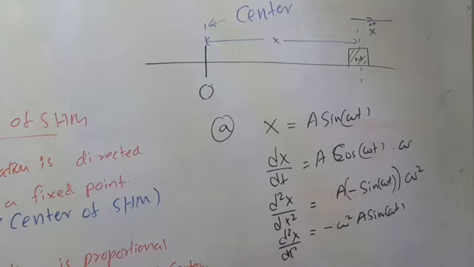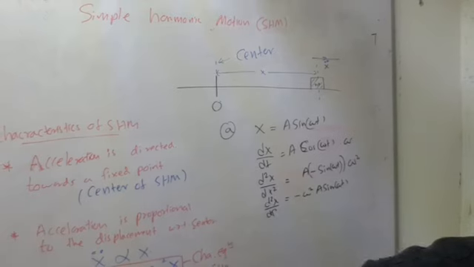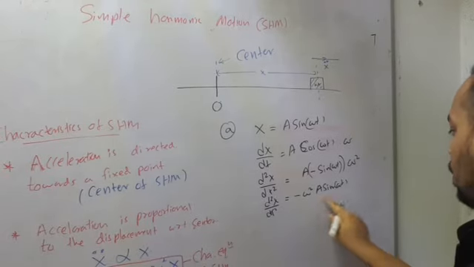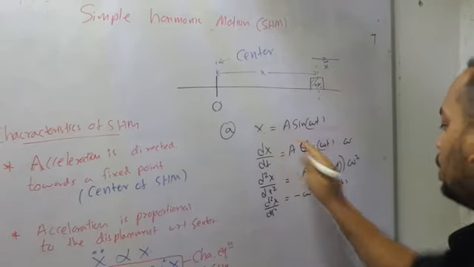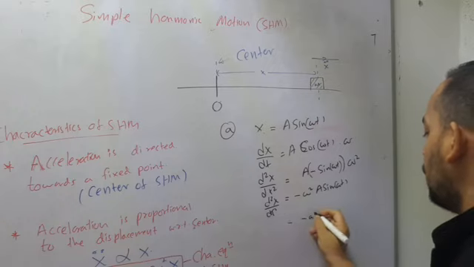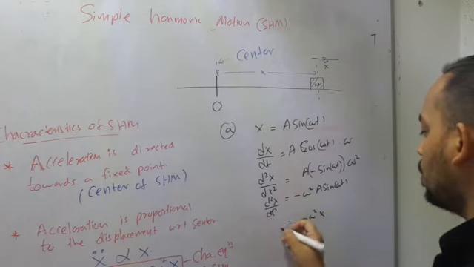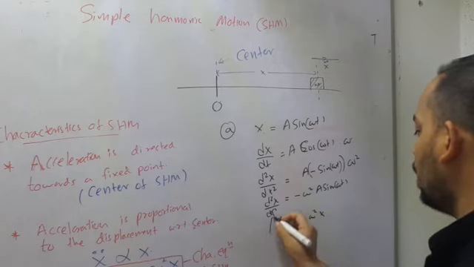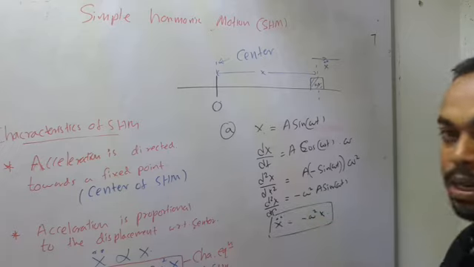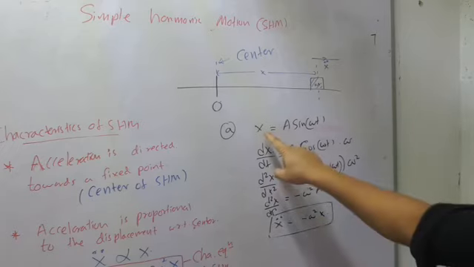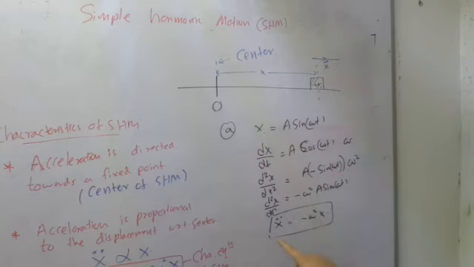Now what is this? This is actually x. So we can replace it: minus omega squared x, and this is x double dot, right? So you can see that the motion described by this equation follows simple harmonic motion.